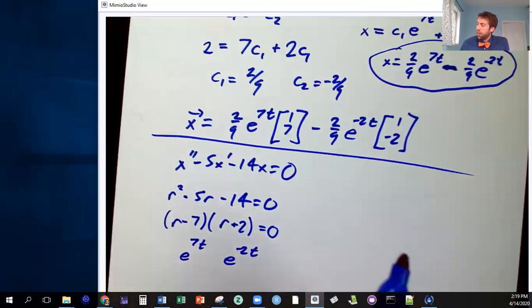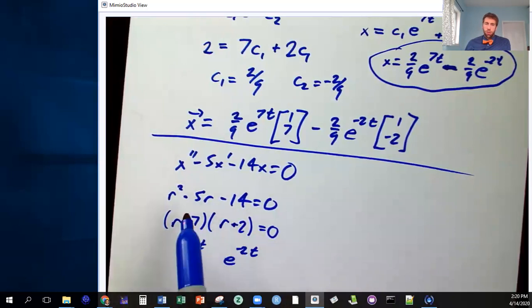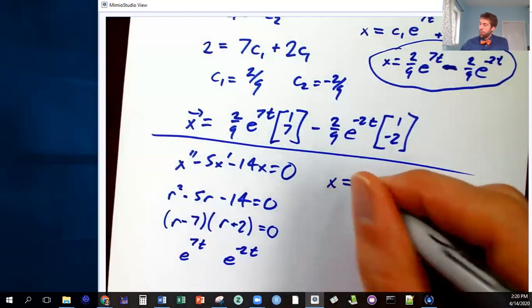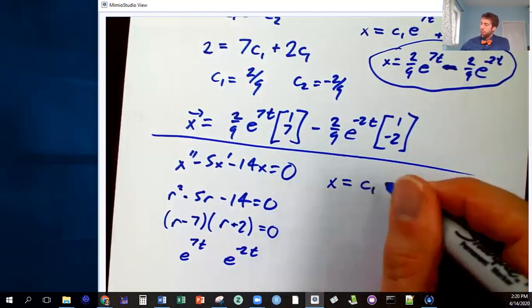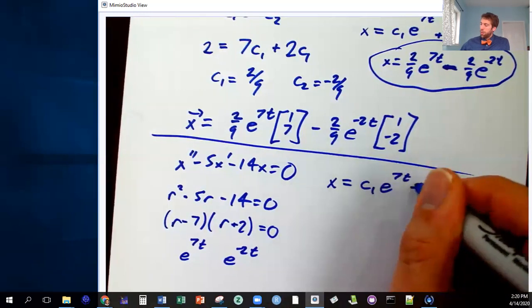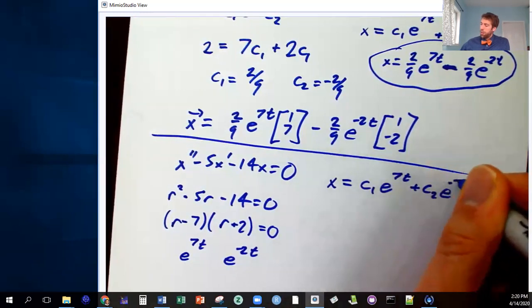Okay? And so going back to our shortcut, this is the characteristic polynomial of the differential equation. We factor it, then the factors 7 and negative 2 give us these. So then we say x equals c1 e to the 7t plus c2 e to the negative 2t.